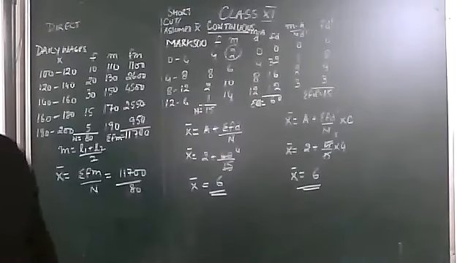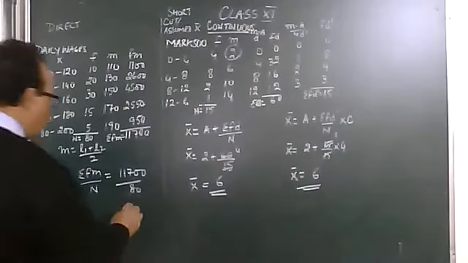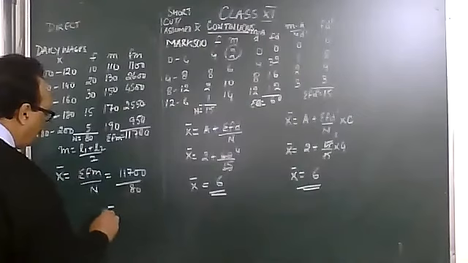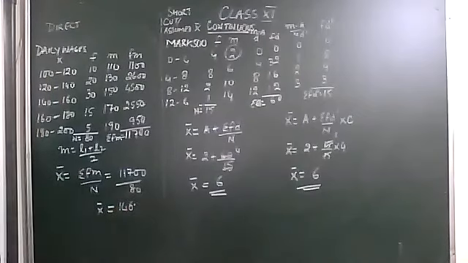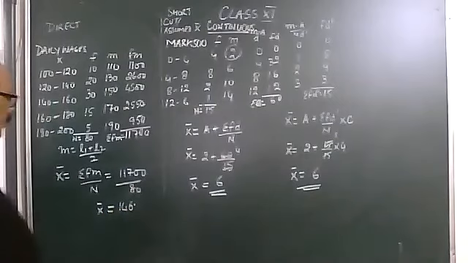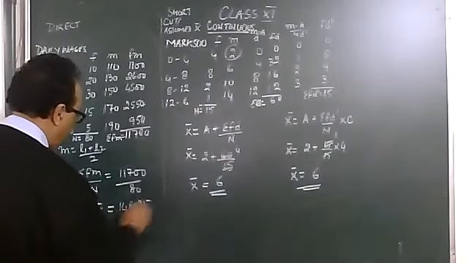Okay, I'm running out of time. You can do it. You get approximately mean is equal to 146.25.